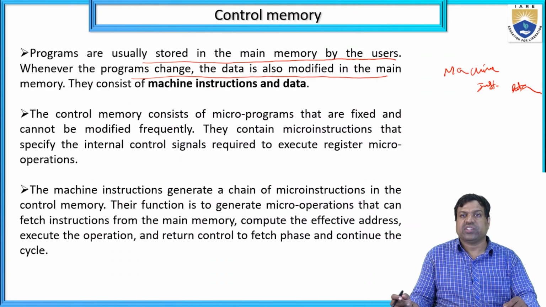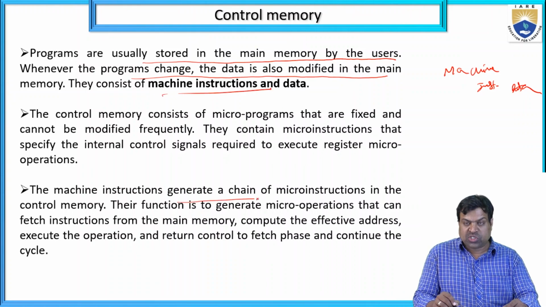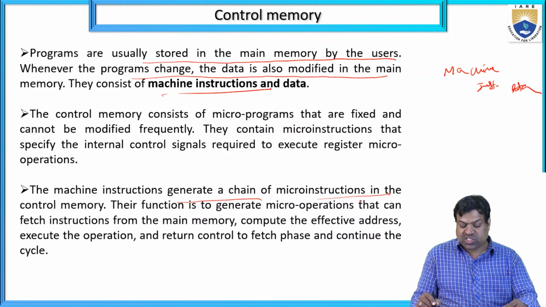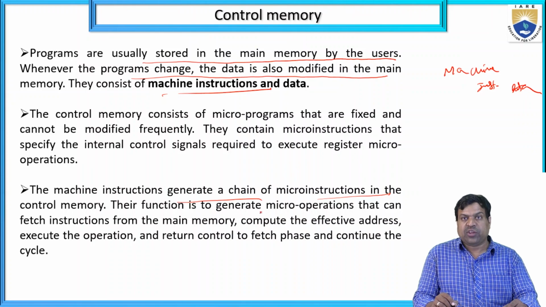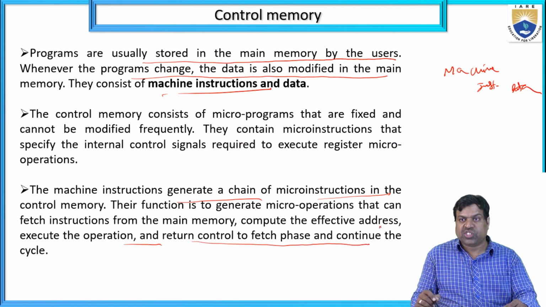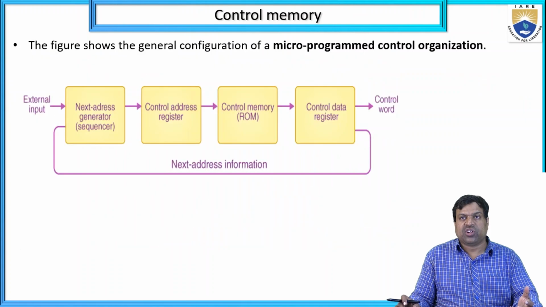Those instructions I am calling micro instructions, which specify the internal control signals required for executing the register micro operations. The machine instruction generates a chain of micro operations in the control memory. Their function is to generate micro operations that can fetch instructions from the main memory, compute the effective address, execute the operation, return control to the fetch phase and continue the cycle. So these are all called control memory.